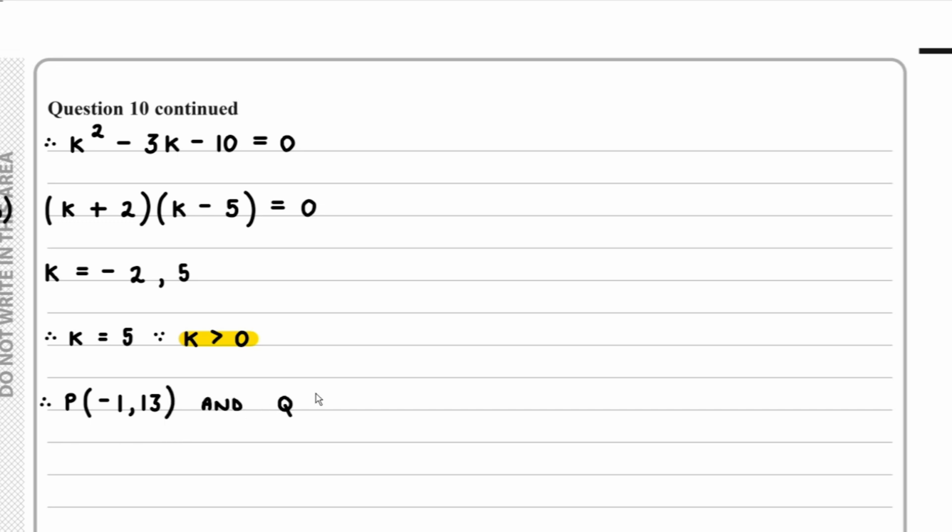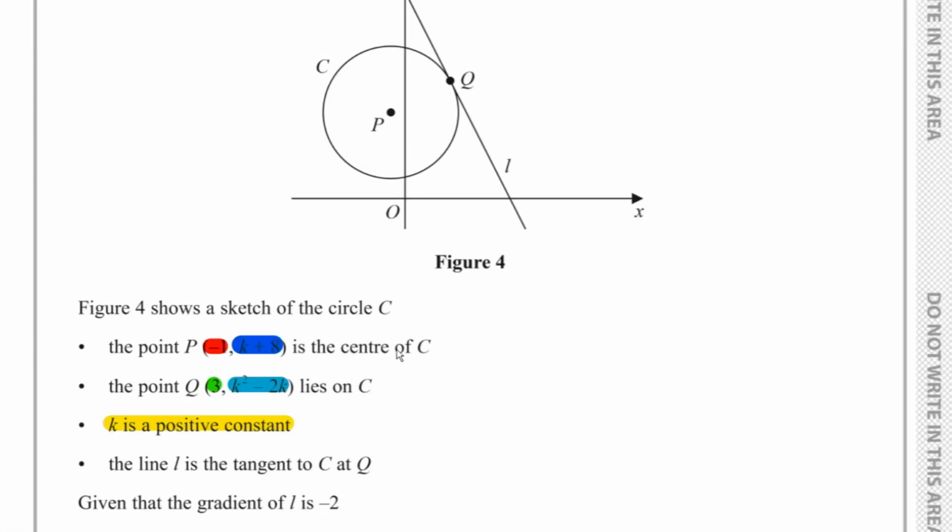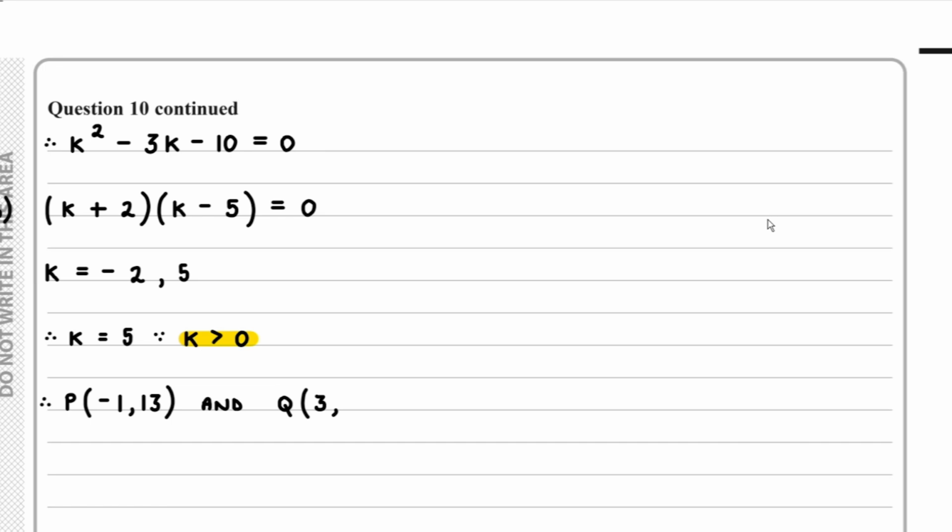And similarly for Q, the x-coordinate we know is 3. And for the y-coordinate, we have k squared subtract 2k, and knowing that k is 5, 5 squared subtract 2 times by 5 is 15. So the y-coordinate of Q is 15.